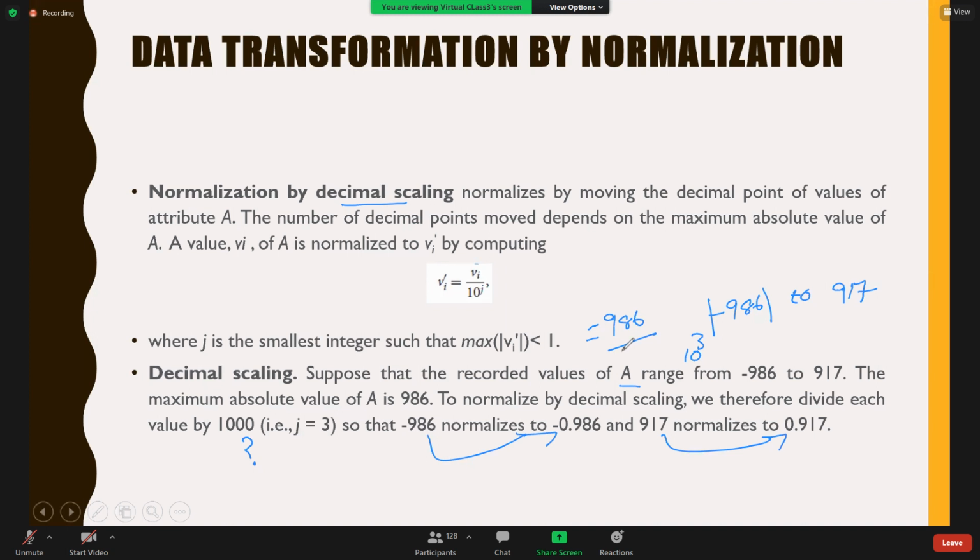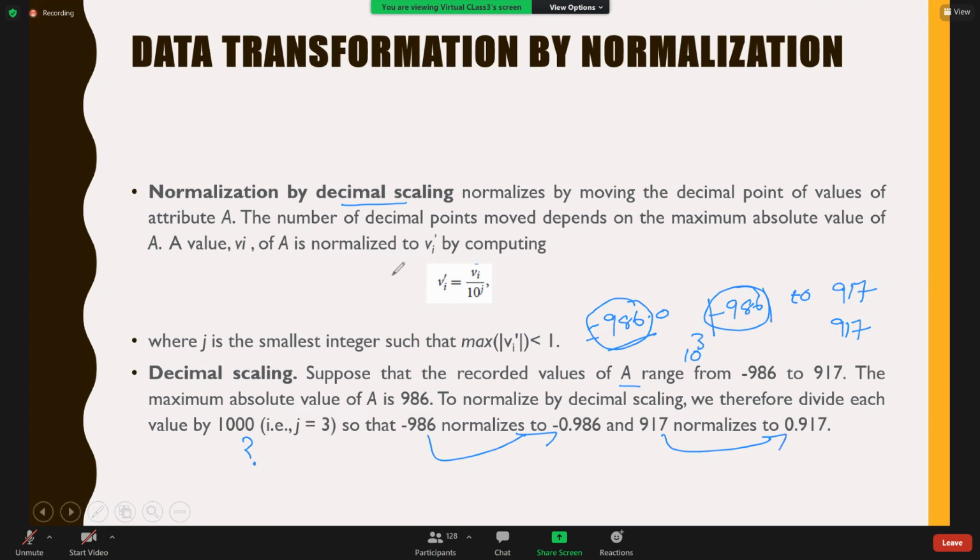So we are moving the decimal point by 3 digits; 986 means 986.0, so you move the decimal point 3 digits. You may say that 917 is the maximum value, but we consider the absolute value because there may be negative values. So considering the absolute value, we find the greatest number and then move the decimal point based on it.